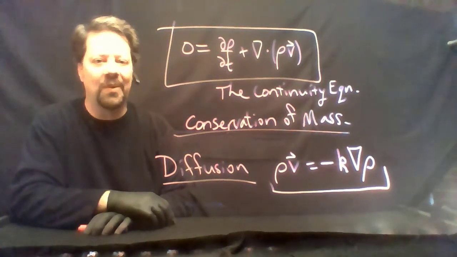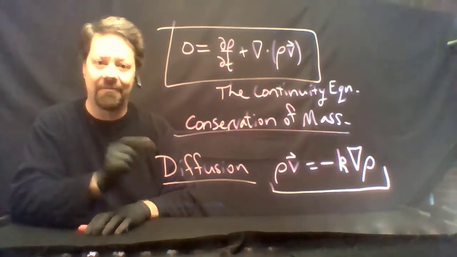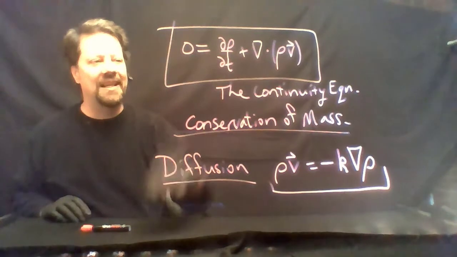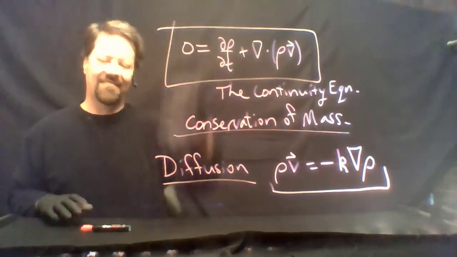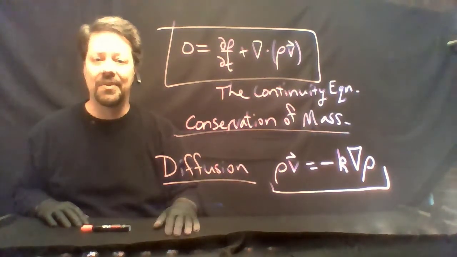Remember, the gradient points in the direction of maximal increase. The negative gradient points in the direction of maximal decrease, if you will. What does this mean in terms of the continuity equation? What does diffusion mean in terms of the continuity equation?